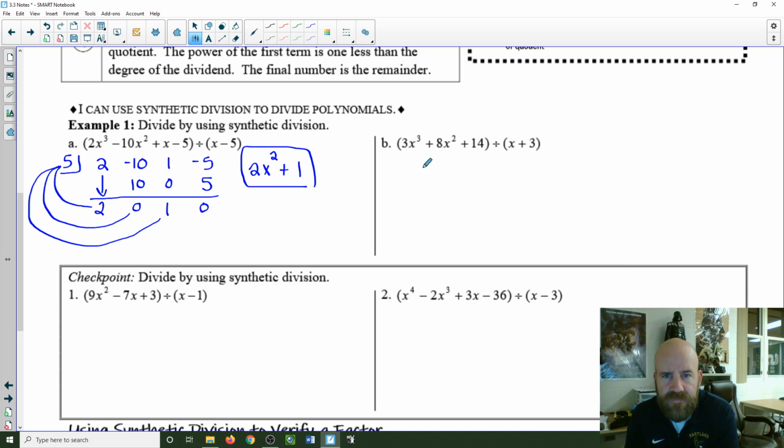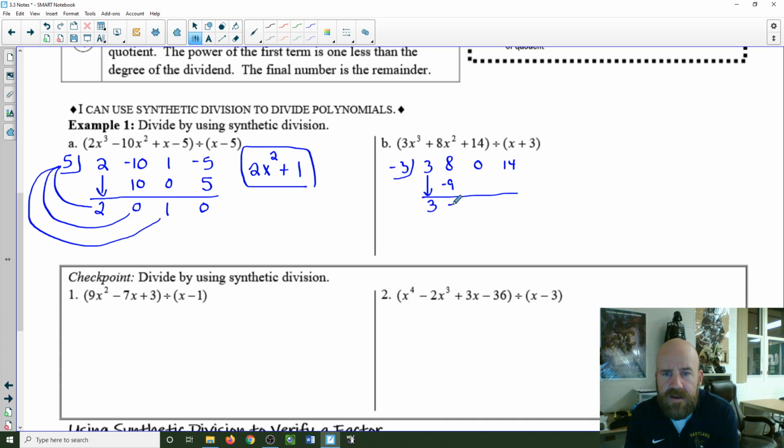Let's try another one. I'll go through it a little quicker this time. So we're dividing by -3, because that's our x-intercept. 3, 8. We're missing an x, so we put a 0 as a placeholder, like we did with long division. First term always drops down. -3 times 3 is -9.